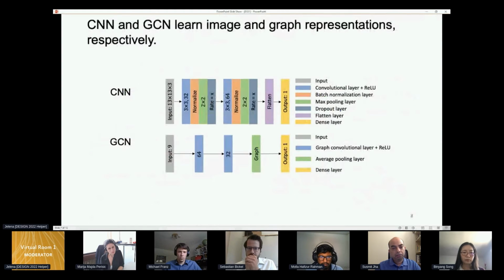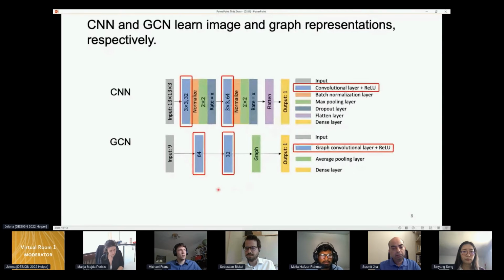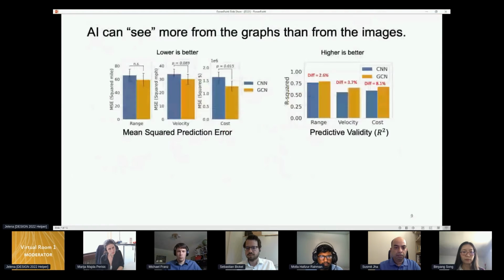Then I use a CNN and a GCN to learn the image and graph representations respectively. With the same number of convolutional layers, the GCN has much fewer trainable parameters than the CNN. Results show AI can see more from the graph representation than from the image representation.